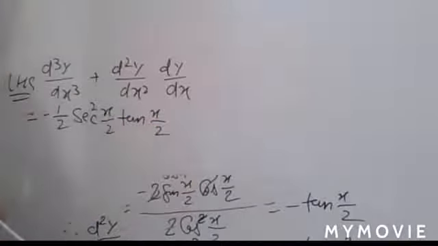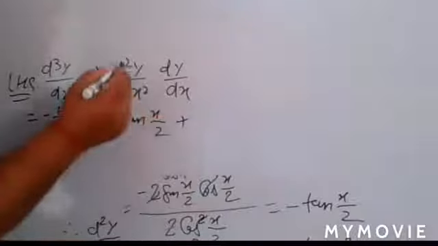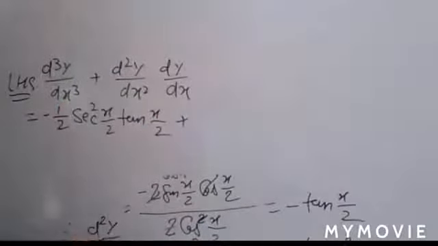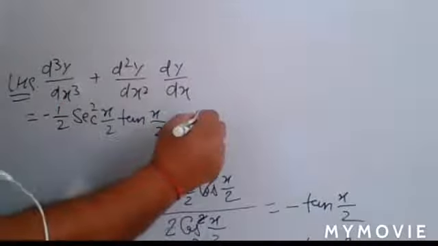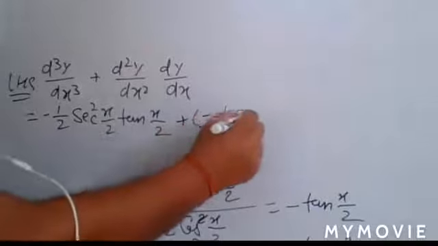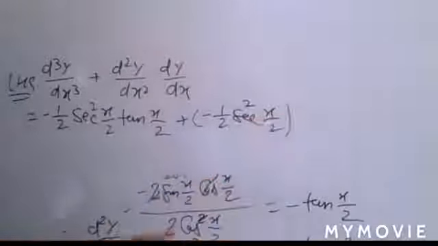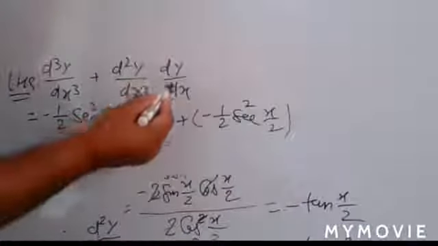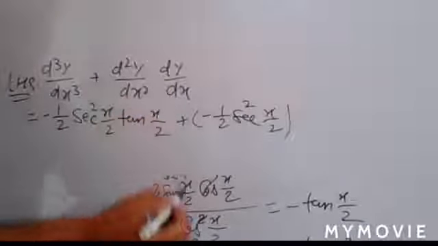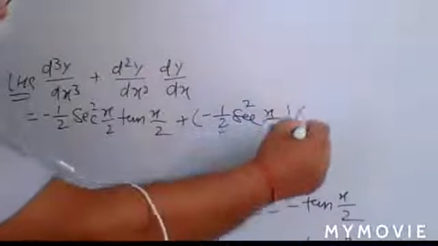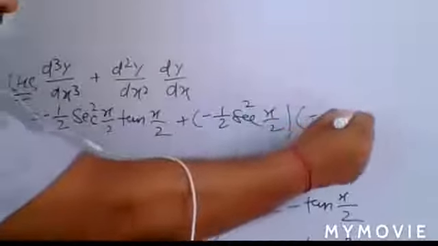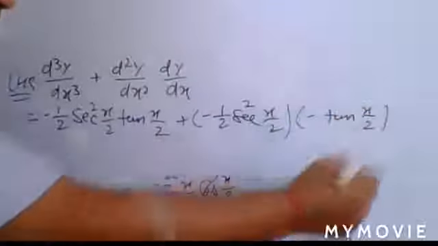That gives the value of the third derivative, plus d2y by dx2. So its value is minus 1 upon 2 sec square x by 2, and the value of dy by dx, the first derivative, is minus tan x by 2.